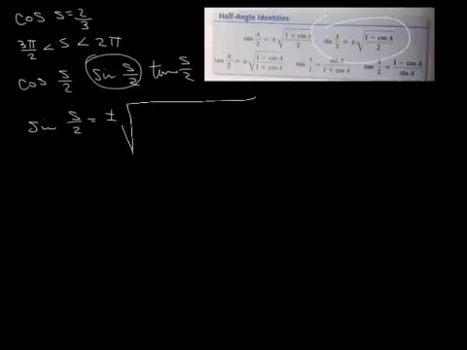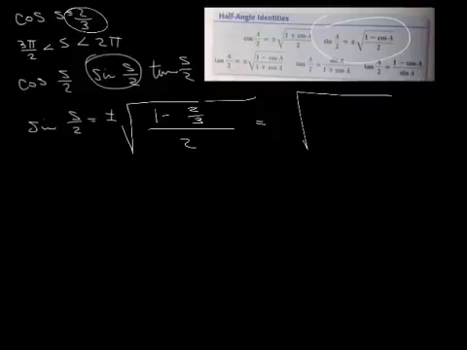Square root of 1 minus the cosine of s, which we've already determined is 2/3, so I don't even need that. I can just put 2/3 over 2. So do the math here. Square root of 3 over 3 minus 2/3, common denominators, over 2.